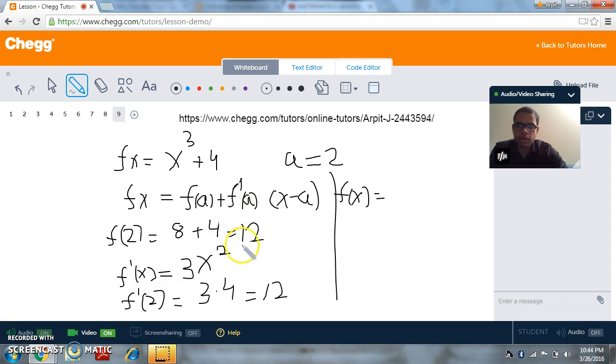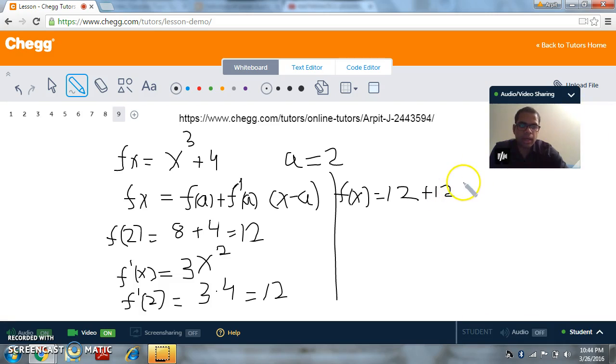It becomes f of a, which is 12 as calculated, plus f prime of a, which is also 12, which we calculated, and this multiplied by x minus a. And a is 2 in our case, so we just write that down.